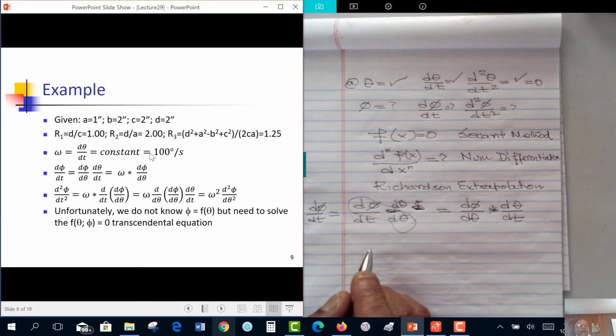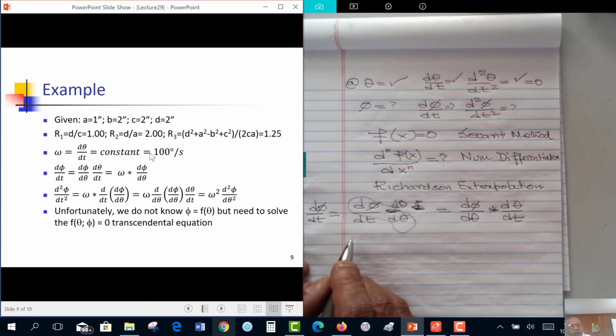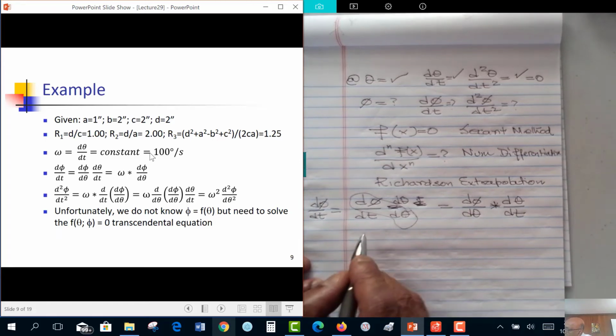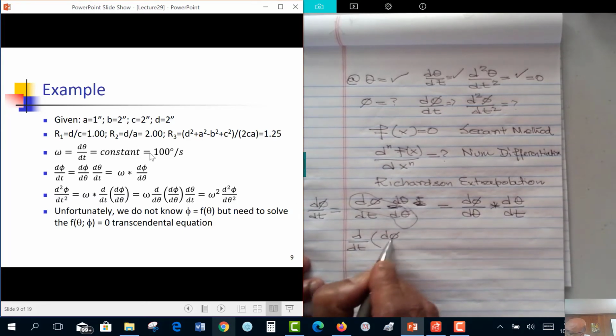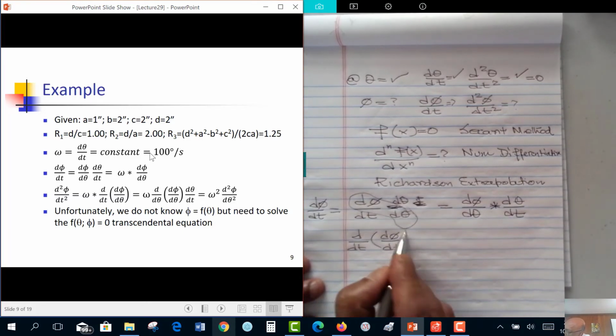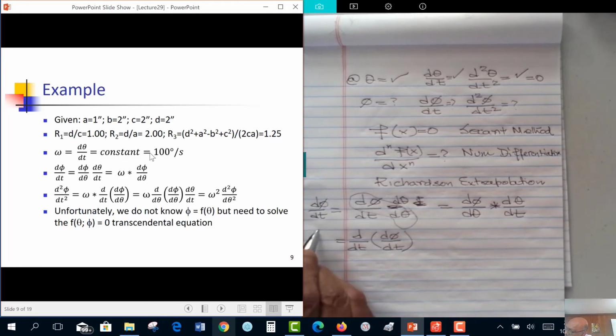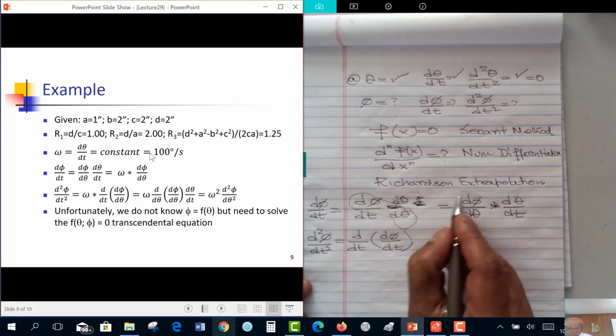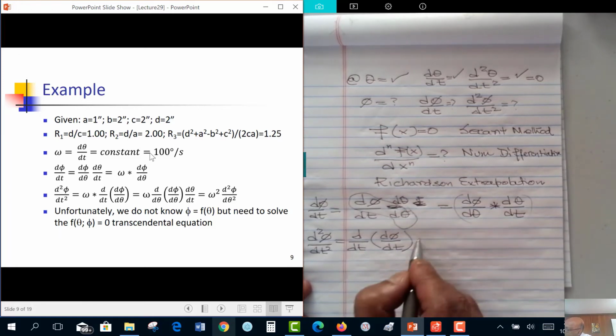Now, if we want to take the second derivative, what we are going to do is take d by dt of d phi dt. That's our second derivative, d square phi dt square. So we differentiate this.